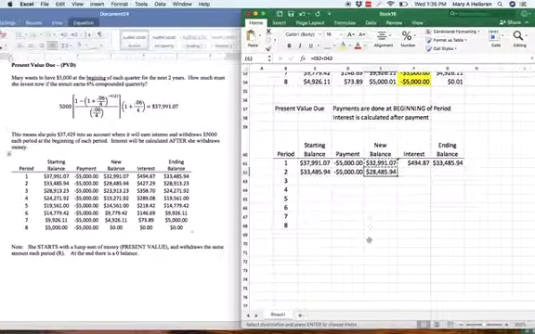Now I've got $28,485.94. This amount is going to earn interest at 0.06 divided by 4. So that money is going to earn that interest. It's going to get added to my balance.